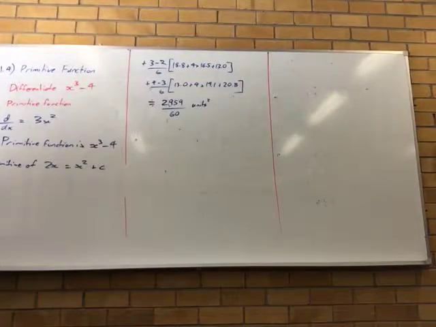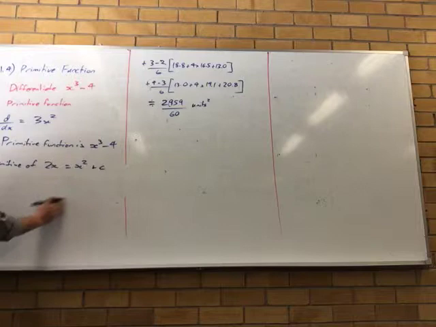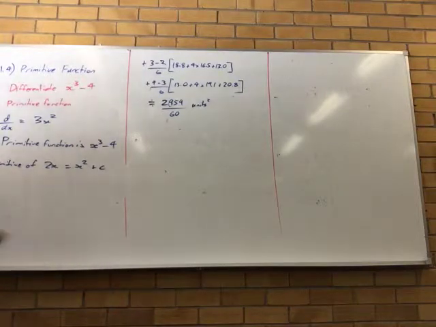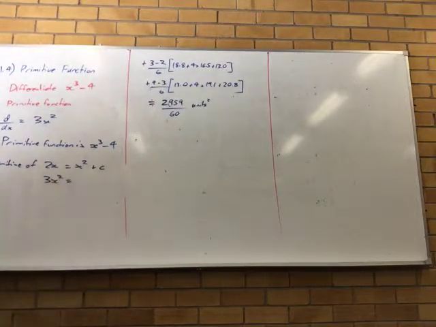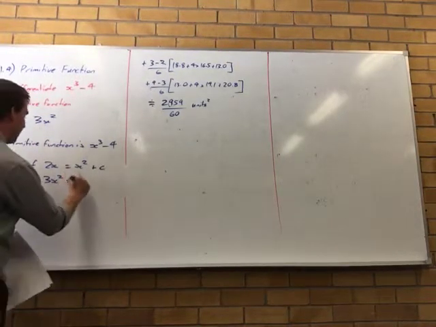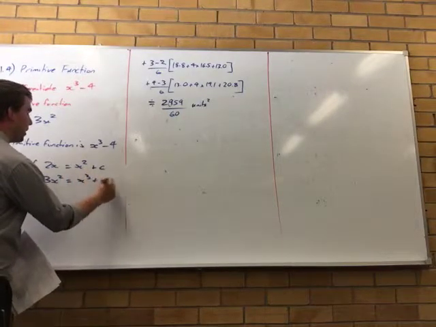Don't forget Charlie. Alright, the primitive of 3x squared. What's the primitive of 3x squared, from what we've been doing here? x to the power of 3 plus C. x to the power of 3 plus Charlie.